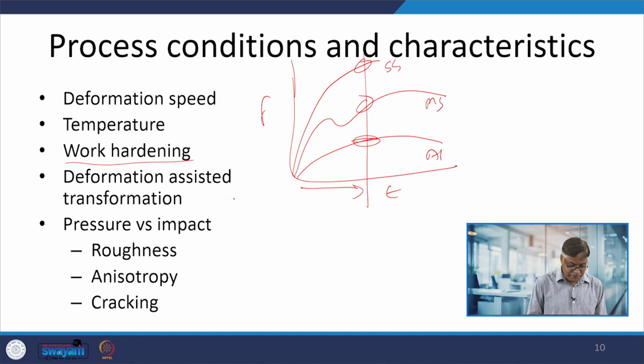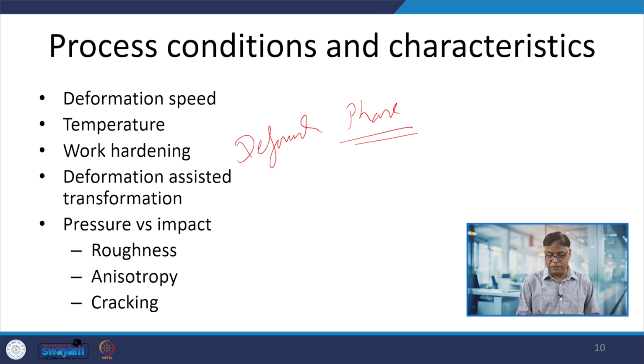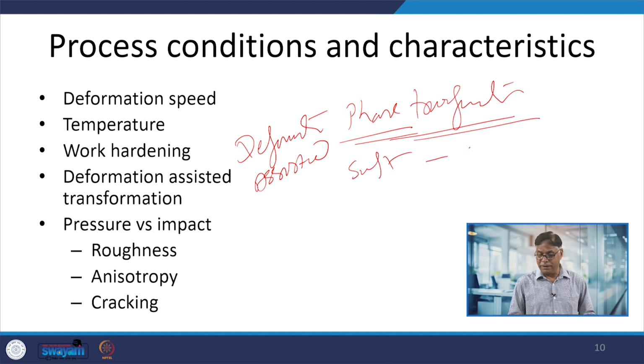Sometimes a few metals show a transformation, meaning a phase change. When subjected to plastic deformation, they experience deformation assisted phase transformation, and if it takes place, it is possible that the material in the beginning was soft and has become hard and strong after work hardening.